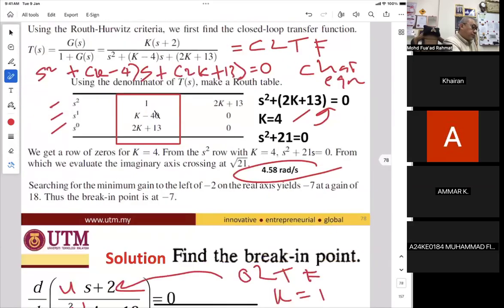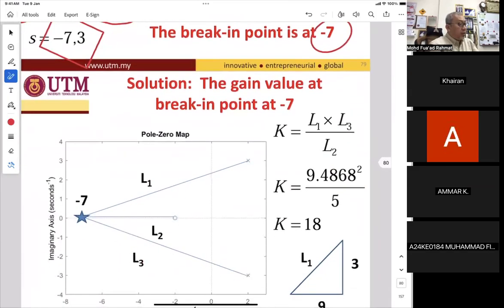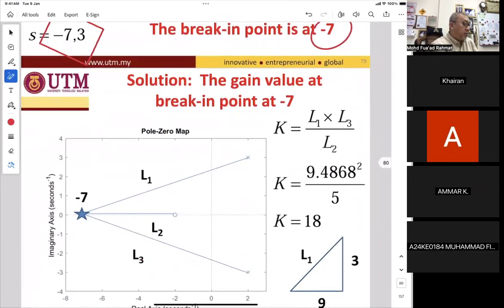So we choose -7. Okay, we ignore +3 because +3 is not the breakpoint. So you have to comment there: we choose -7 due to the break-in point at the root locus given is at -7. Then calculate the gain k there. This one I showed already in the previous slide, using Pythagoras theorem.